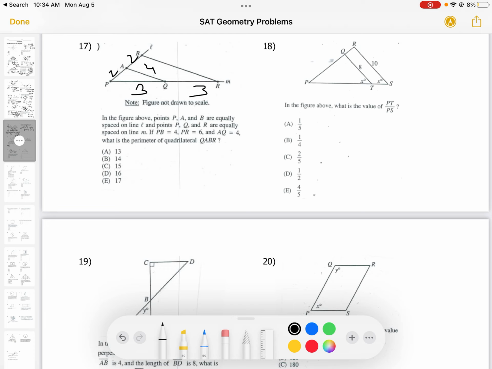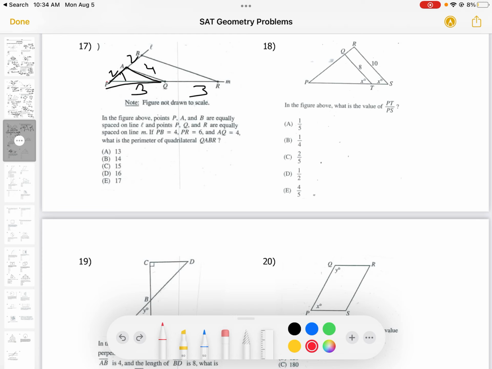Okay, we know 3 sides of quadrilateral QABR. We know AB, we know AQ, we know QR. We just need to find out what BR is. And you know how we're going to do that? We're going to use similar triangles. Alright, both triangles PAQ and PBR share angle P, so they have a congruent angle.